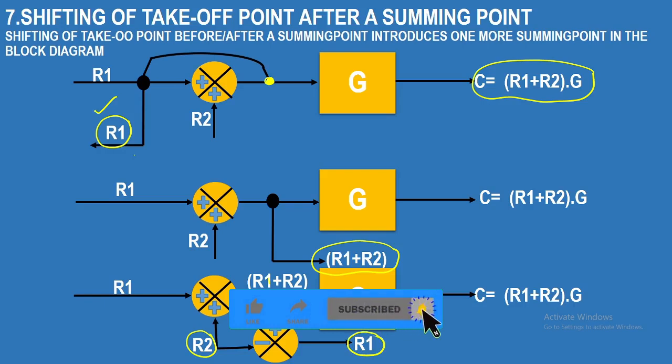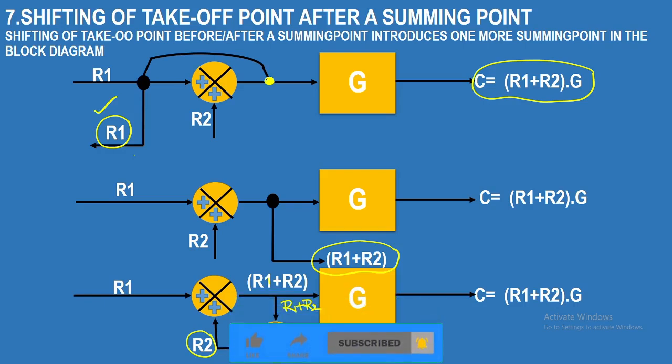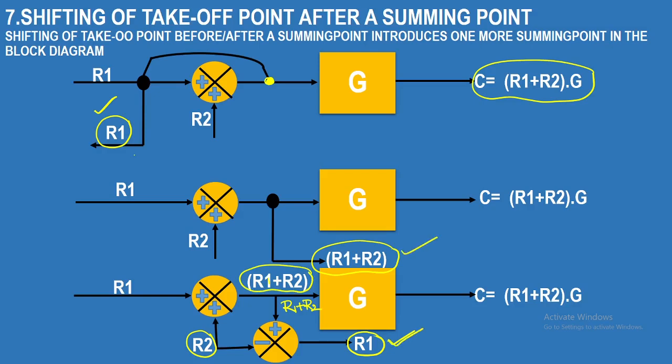Here also the takeoff point output will be R1 only. Previously it was R1 plus R2, now the takeoff point output will be R1 only, so the output is not getting disturbed, as well as the takeoff point output is also not getting disturbed in this case.